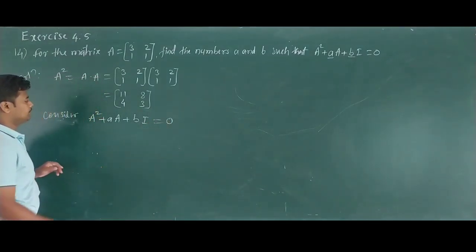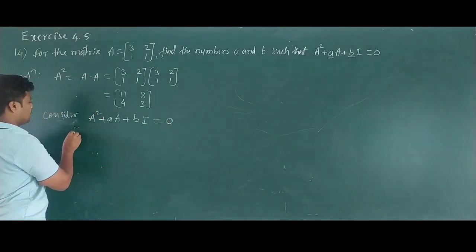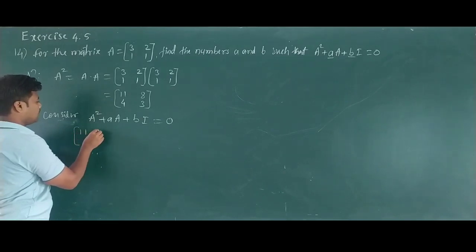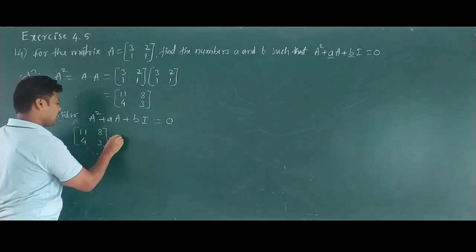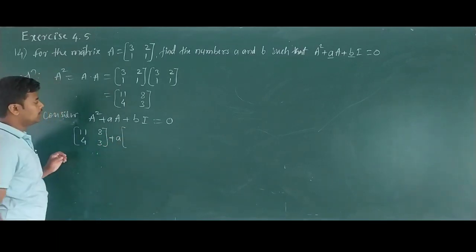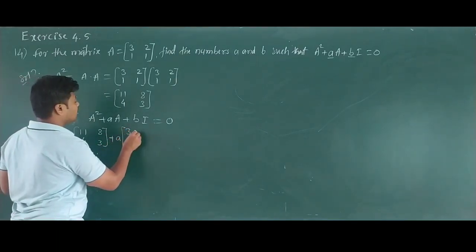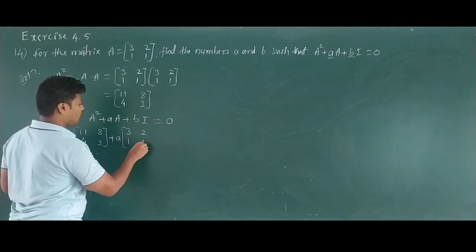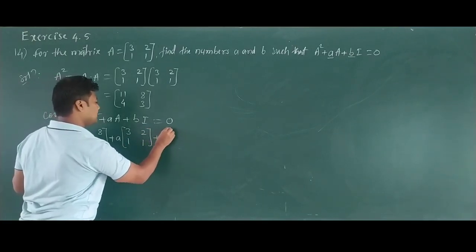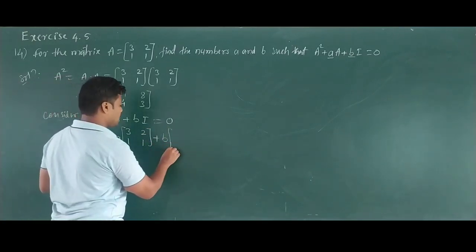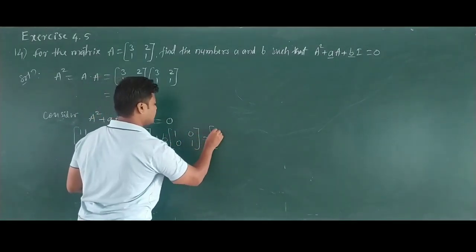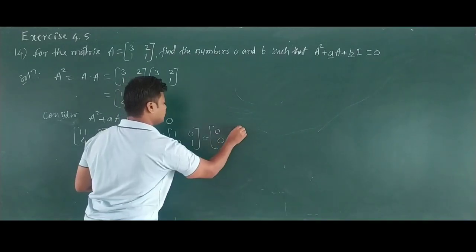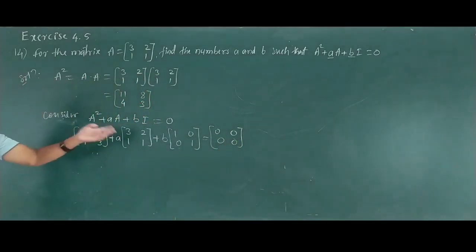A square is 11 8 4 3, plus a is a constant number, matrix A is 3 2 1 1, plus b times I, 1 0 0 1. This equals the 0 matrix, 0 0 0 0.